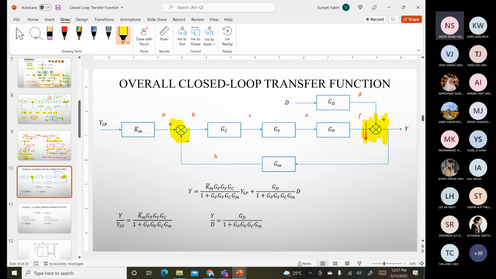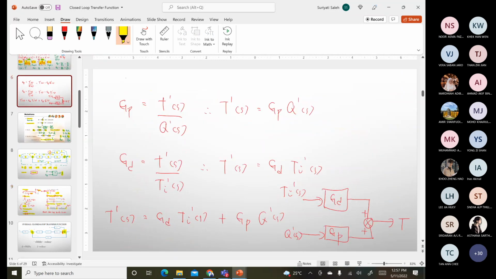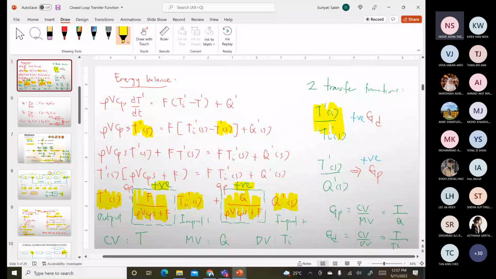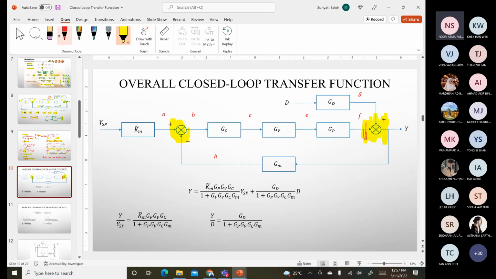So in this case, based on the given example, this part shows how to get the GP and the GD from the transfer function. This means that if the GP and the GD are not given, both can be derived from the mathematical model.